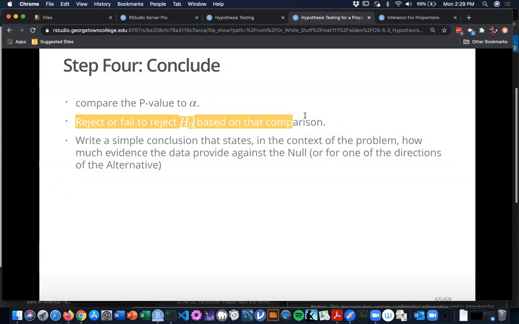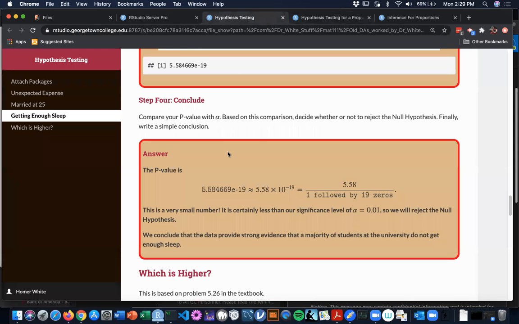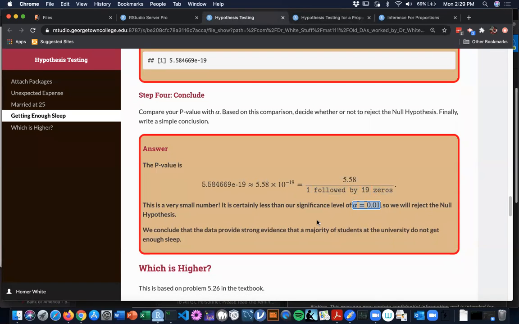And you're going to reject the null if the p is less than the alpha, not reject it if it's more. So I look at that p-value, and using my knowledge about scientific notation, I see that it really is about 5.58 divided by 10 to the 19th. That is a super small number. It is certainly less than that level of significance 0.01 that we set up for ourselves. So we are totally rejecting the null hypothesis.